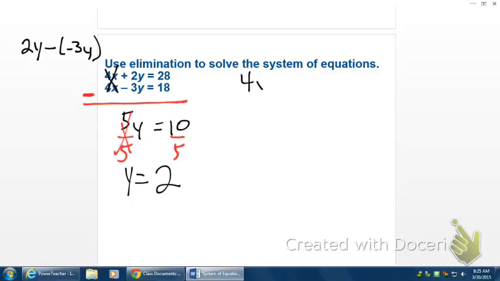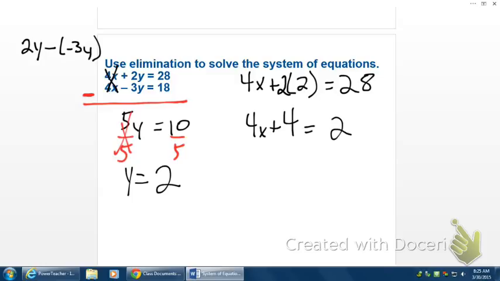So I'm going to write down that first equation. And I'm going to substitute for y. I'm going to substitute our value of 2. So positive 2 times 2 is 4, so 4x plus 4 equals 28. Okay? Now, we're going to solve from here. Make sure you're writing this down.